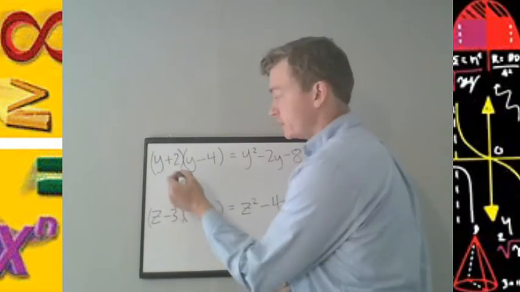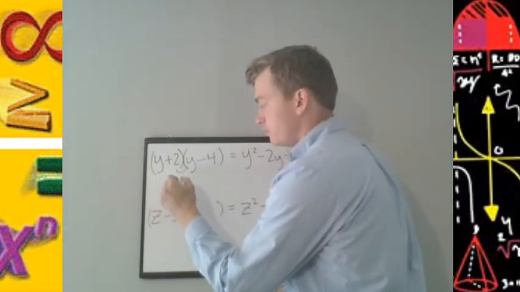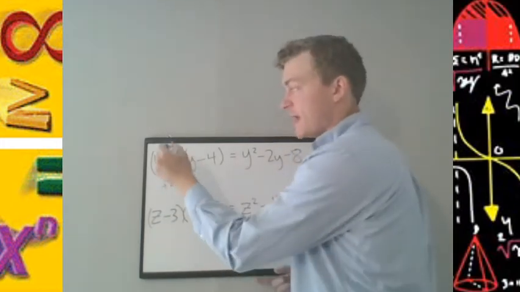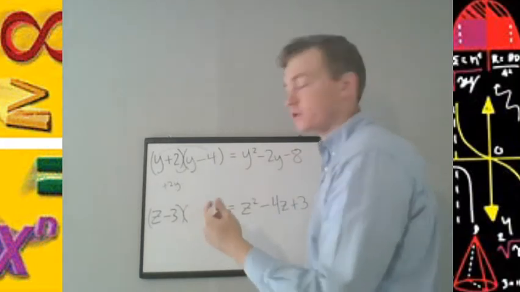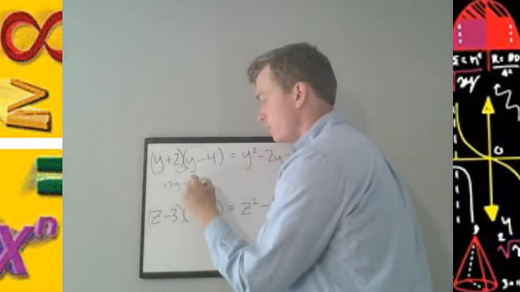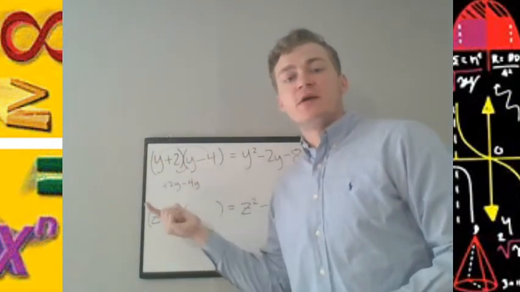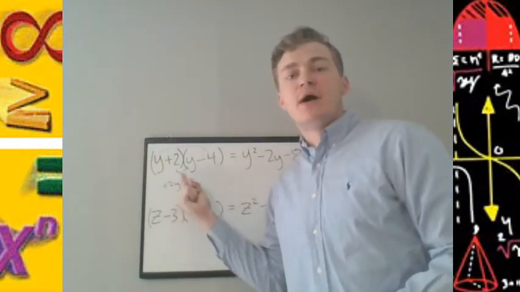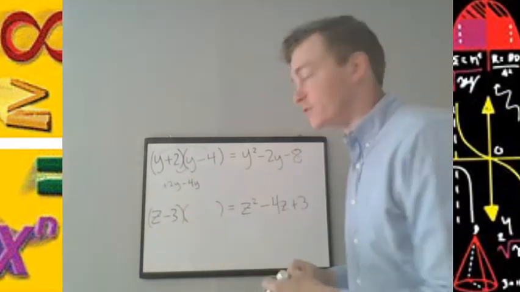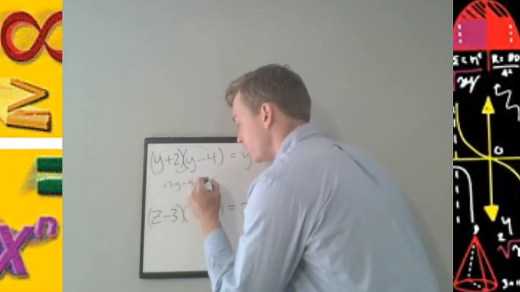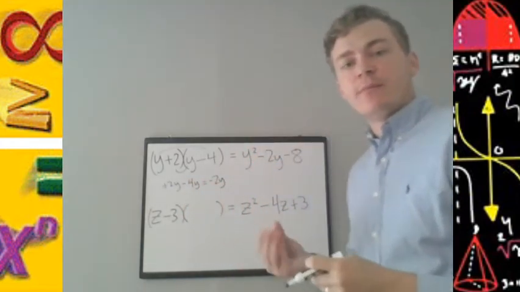The inner product of positive 2 times y is positive 2y. The outer product, y times negative 4, well, that's a minus 4y. And we see here that the inner and outer product produce like terms. Positive 2y minus 4y, well, 2 minus 4 is negative 2, thus we get negative 2y for our inner and outer product combining together.